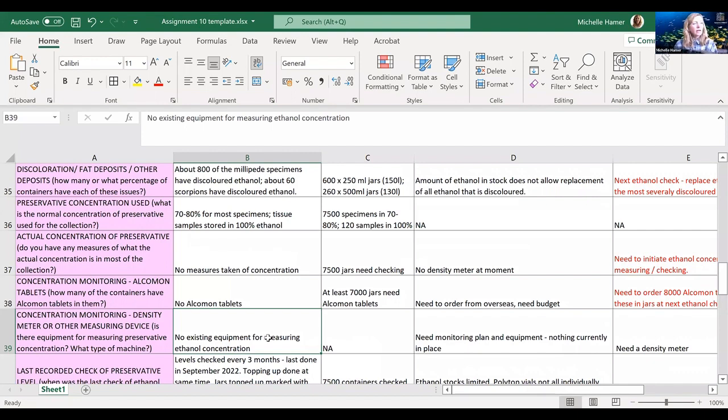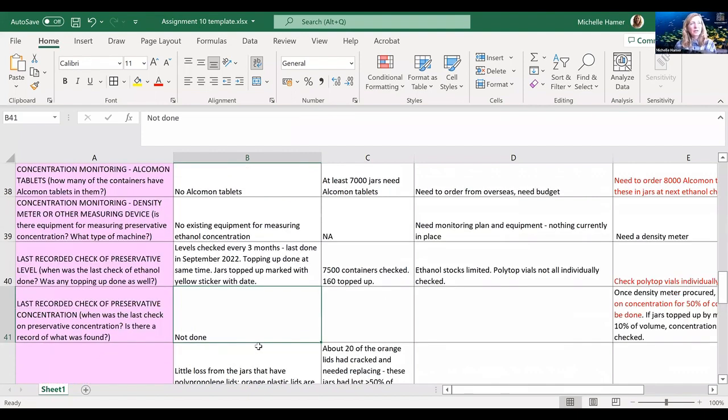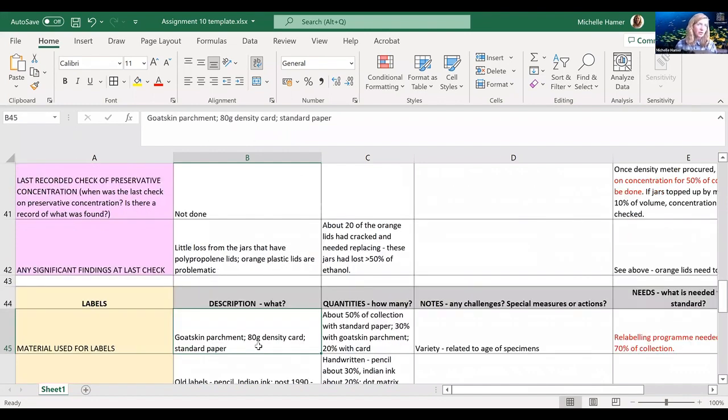And then the labeling. So yeah, this is difficult for a wet collection, especially one that's quite old, big, and what materials have been used for labeling has changed over the years. I know in a lot of collections that the old labels were just on ordinary paper, written in pencil.